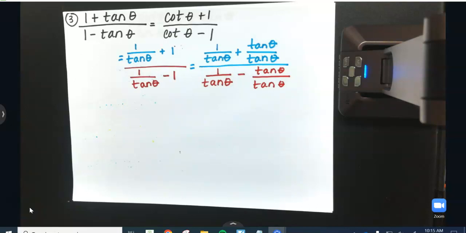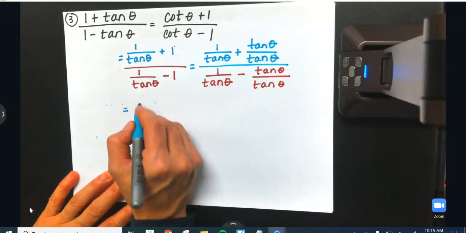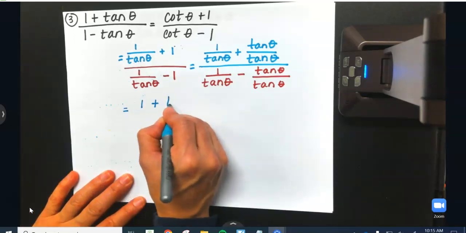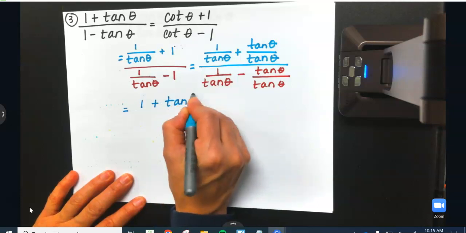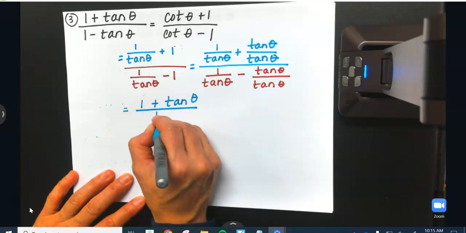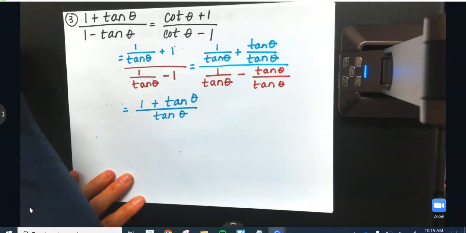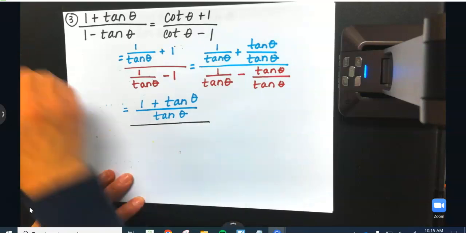Now we're going to do the Humpty Dumpty thing. They're broken up. We're going to put them together. Here's the numerator. Here's your denominator.